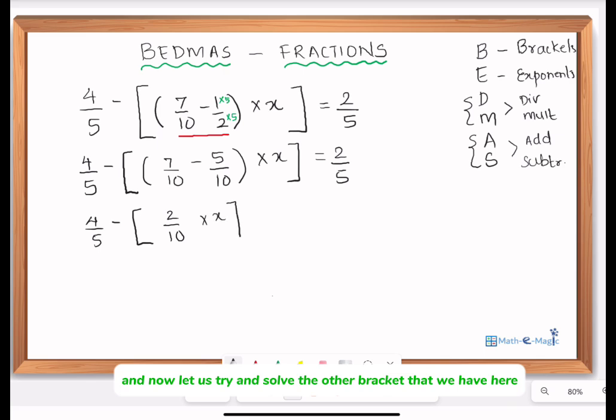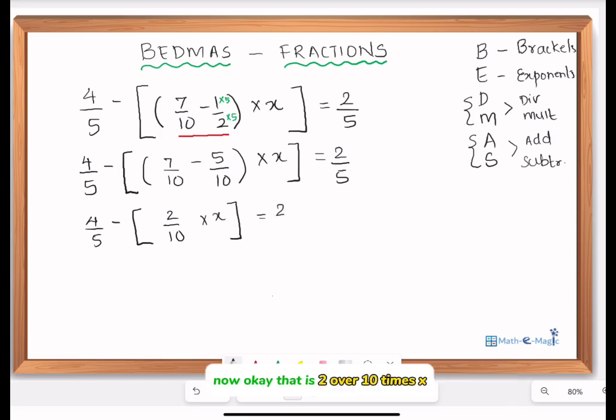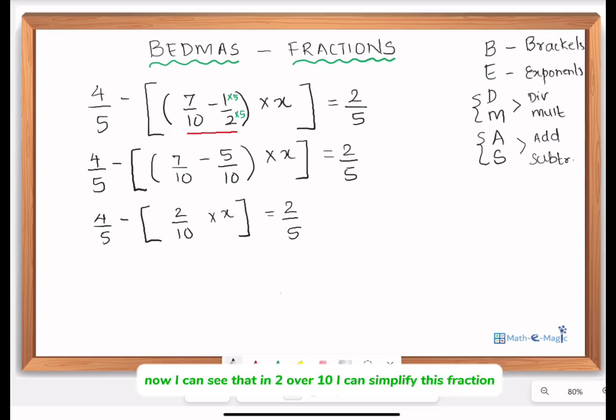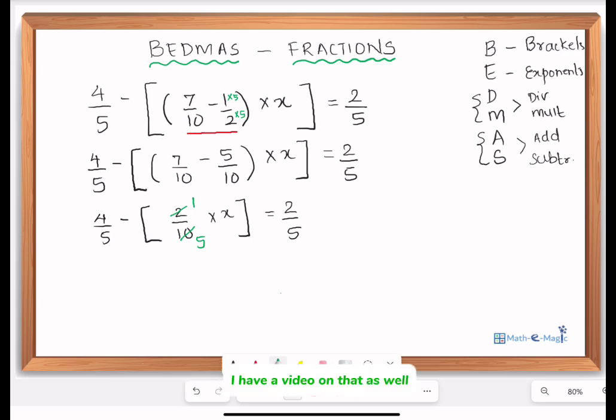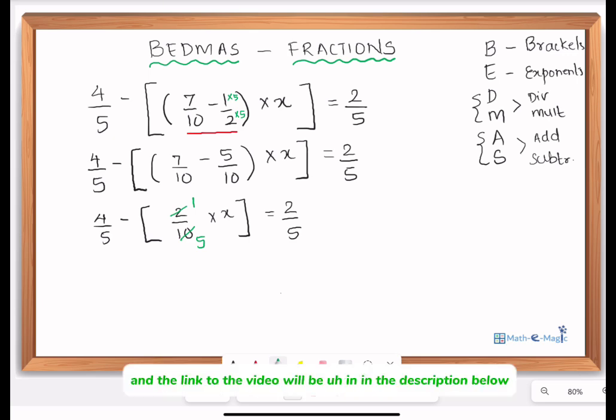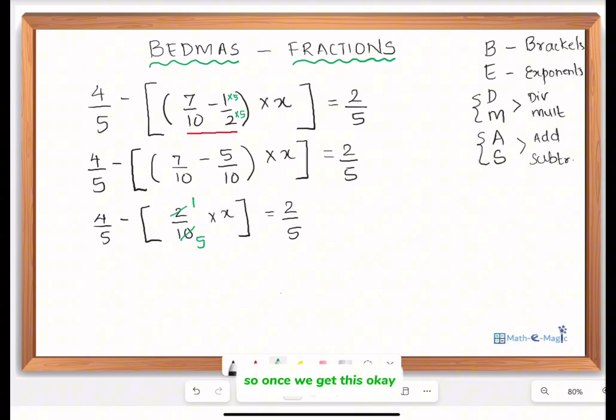And now let us try and solve the other bracket that we have here. That is 2 over 10 times x. Now I can see that in 2 over 10, I can simplify this fraction. I can do it by short division: 2 ones are 2, and 2 fives are 10. If you want to see in more detail how to do short division, I have a video on that as well, and the link to the video will be in the description below.